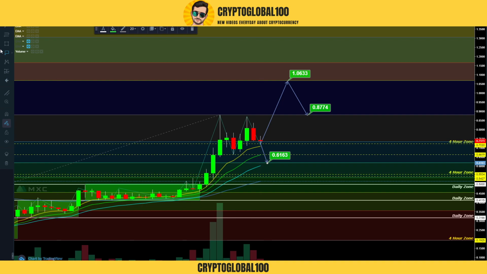Also this zone can also be tested, 0.66. So if you want to buy in case of large sell off volume, then you need to put a buy order at this place, 0.61, in between these ranges, and then you can go long, and the next target would be 1.63.